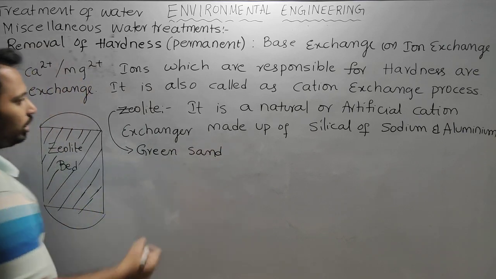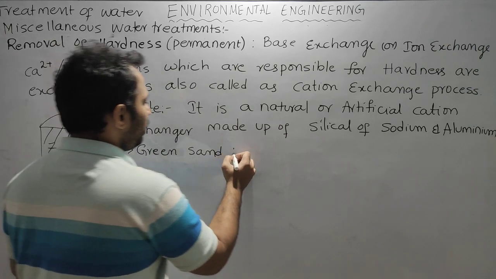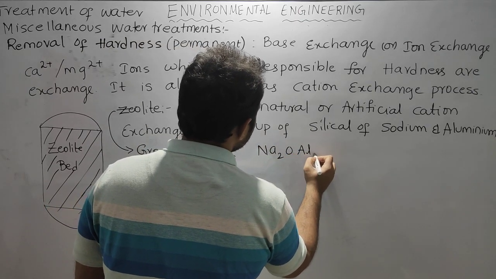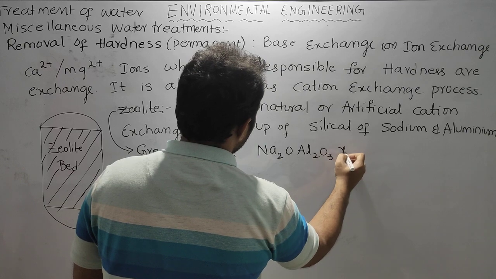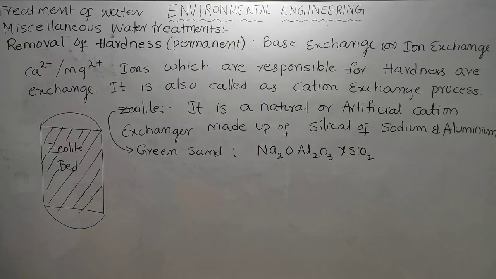Zeolite is also called green sand, and the formula of zeolite is Na2O.Al2O3.xSiO2.yH2O.